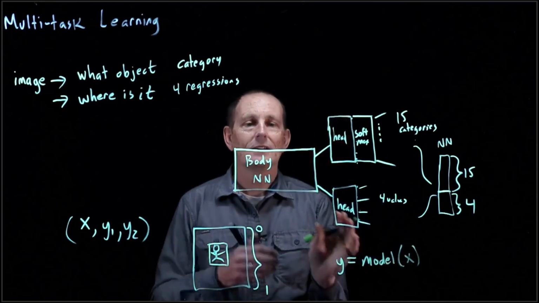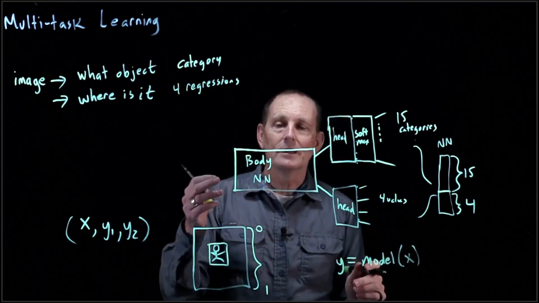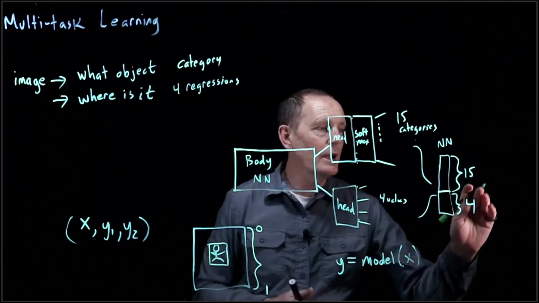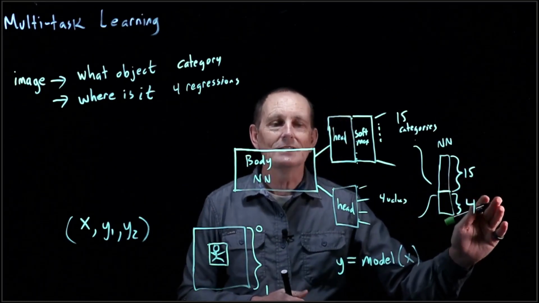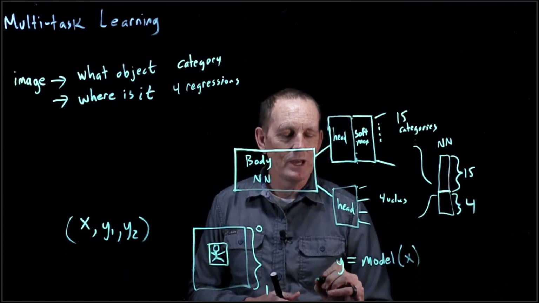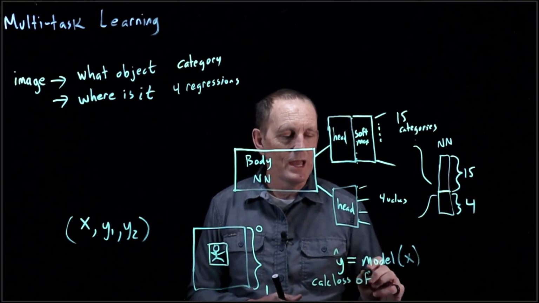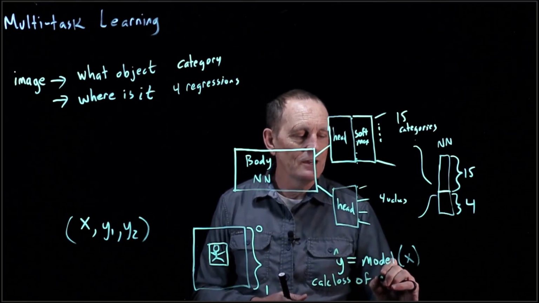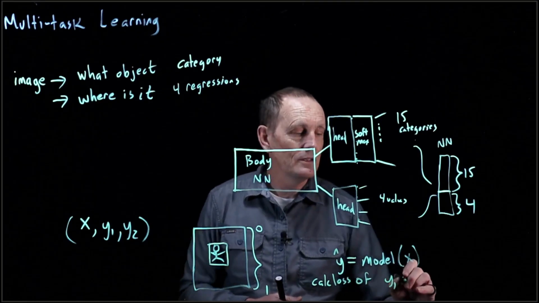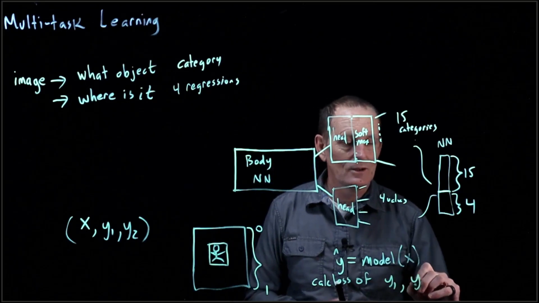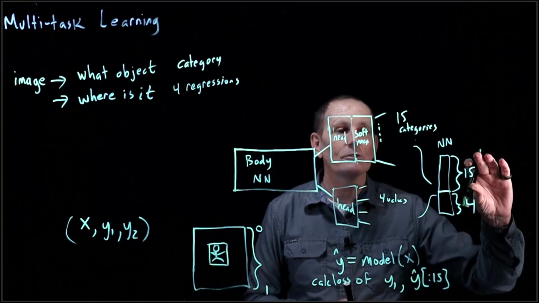That is, if this is running the neural network, we can feed in and get out a single y, and this single y would have 19 values. And then we can calculate the loss, this of course is y hat, the loss of y1 and the first 15 values of y hat.